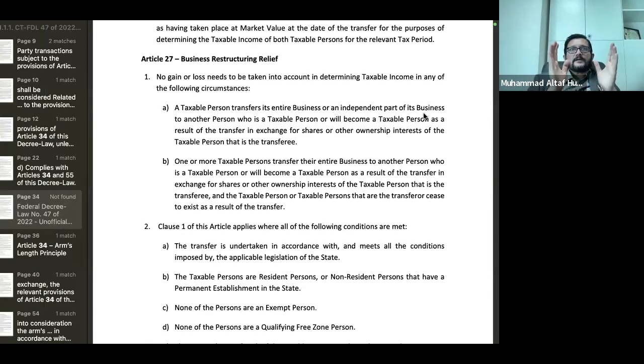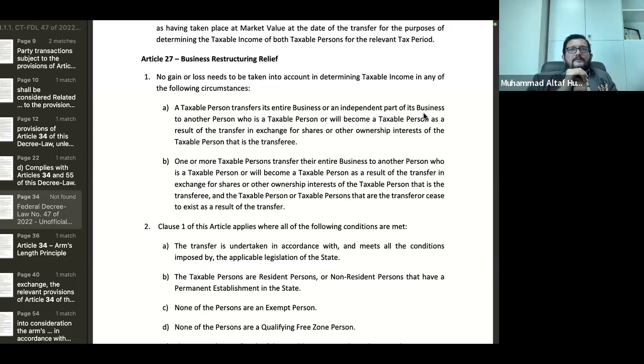This person is existing only as a shell company. The entire net assets have been moved to another company, but the legal vehicle is there. So they still have to file corporate tax. TRN is still active. Business has gone away. Net assets have moved to another company, another taxable person.